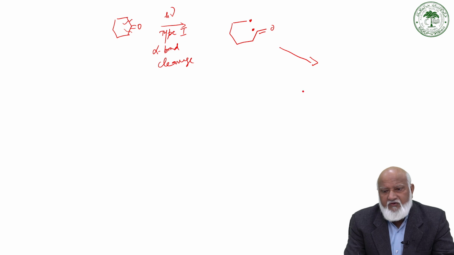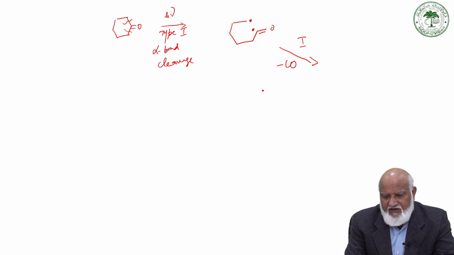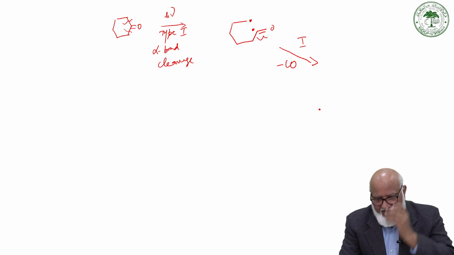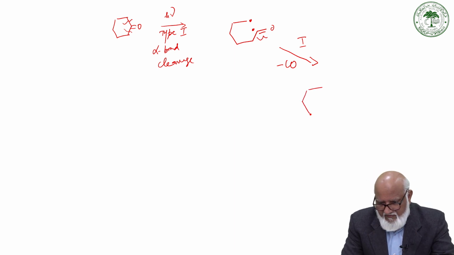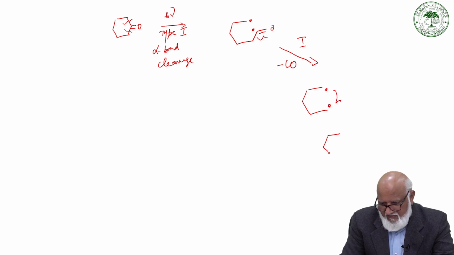There are different pathways open for this. Number one is the minus CO, decarbonylation, to give a radical, and then this will combine to give a 5-membered ring.